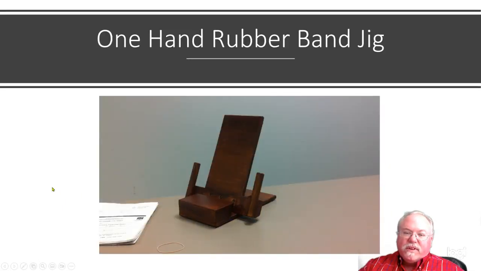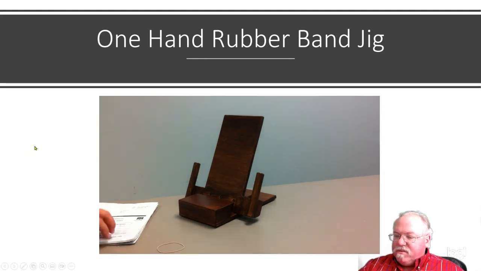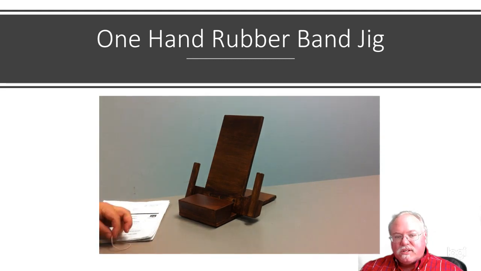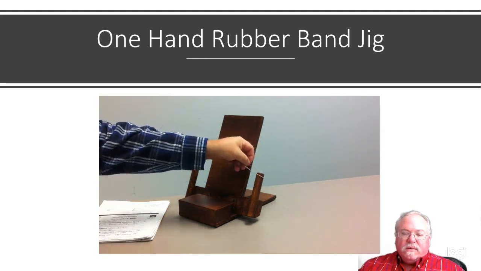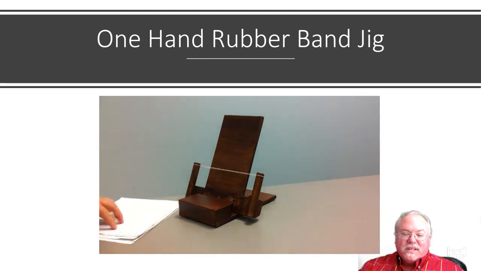Another example of an actual job accommodation. This is a one-handed rubber band jig. We were working with a woman who had had a stroke, and she was an accountant. And the place where she worked, they would pay invoices, and as they paid them, they would all rubber band them together into a stack and then put them into the file.